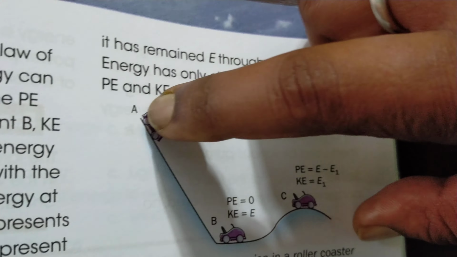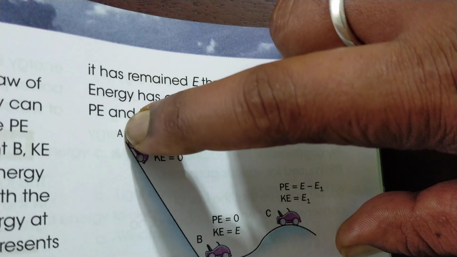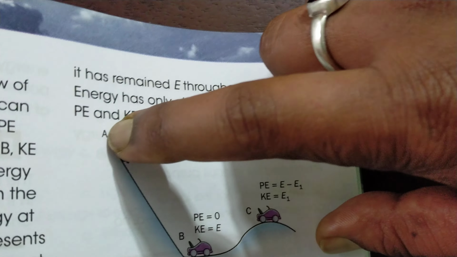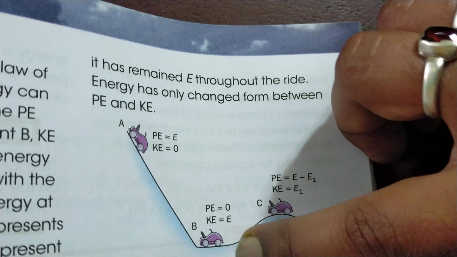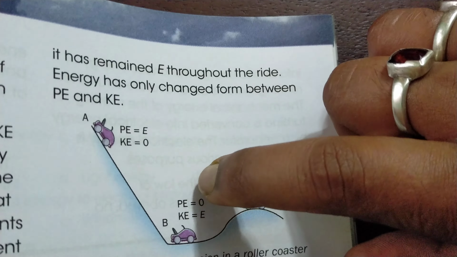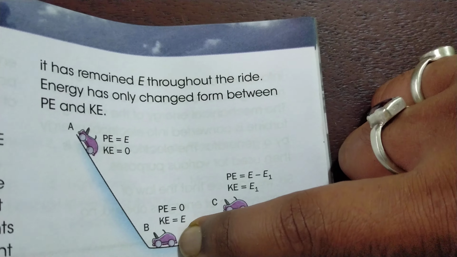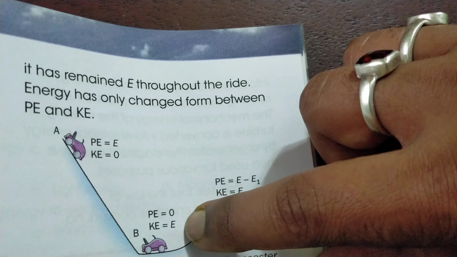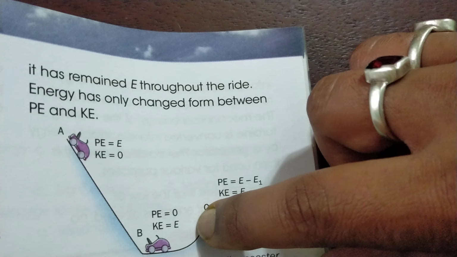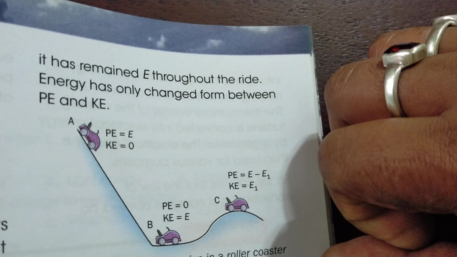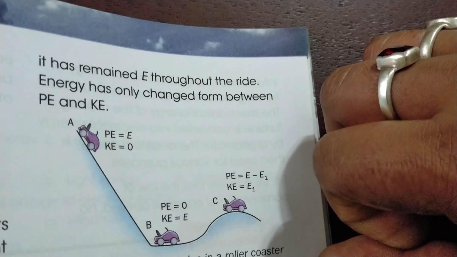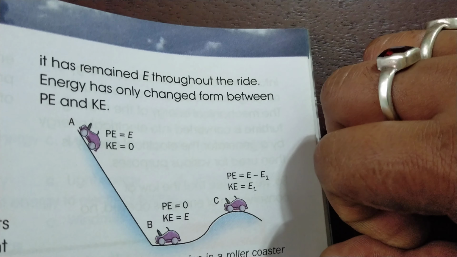So when the roller coaster is at a certain height, its potential energy is maximum and kinetic energy is 0. And when it zooms down the inclined plane, potential energy becomes minimum and kinetic energy becomes maximum. This is how it continuously loses and gains height. Each gain in height leads to an increase in potential energy, and a reduction in height results in a reduction in potential energy.